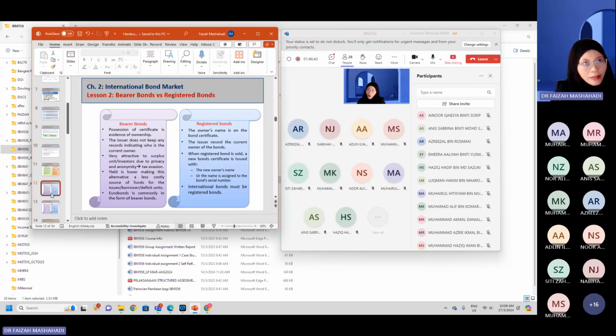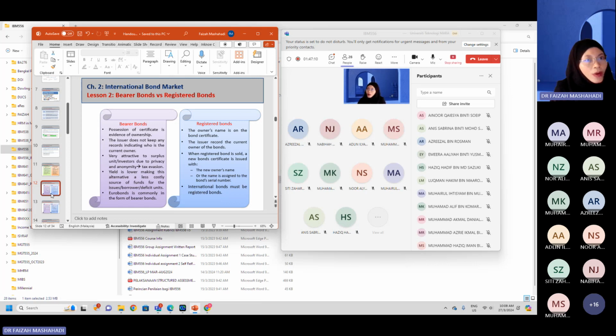But registered bonds, if you are the owner of that particular bond, your name will be printed on the bond. Or if we scan, sekarang guna QR code semua kan? If we scan, your name appears. So that one is registered bond. While in bearer bond, the name of the owner will not be printed on the certificate.